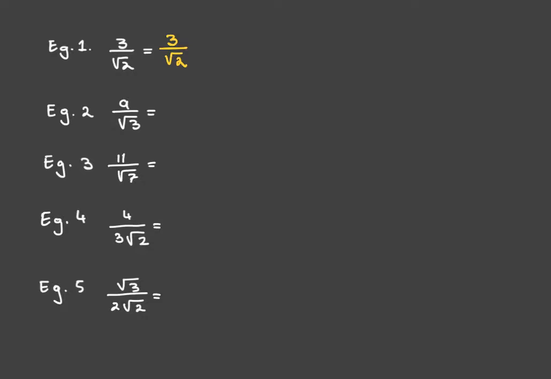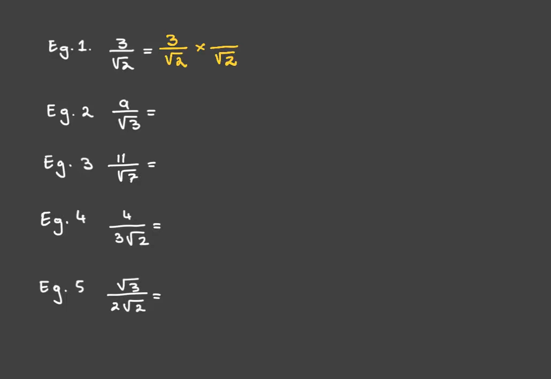In order to get rid of the radical in the denominator, we're going to multiply by exactly the same radical. So it's square root of 2, but because this is an equation, whatever we do on one side or the other has to be equal.